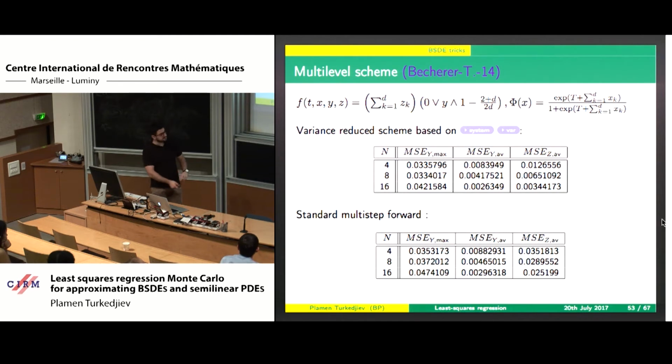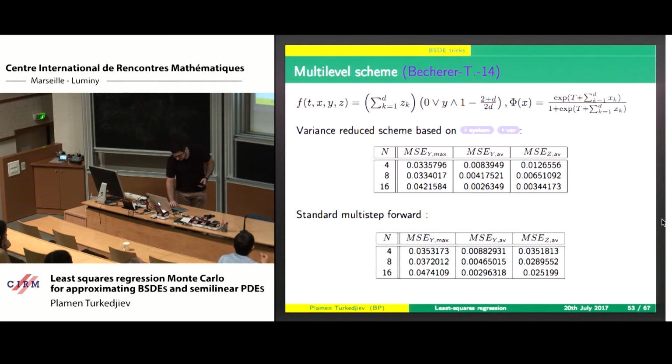Just a very simple example. This is basically the example I'm going to use in all of the numerics that I show down below. Together with my PhD supervisor, Dirk Becherer, we developed a variance reduction scheme and analyzed it.